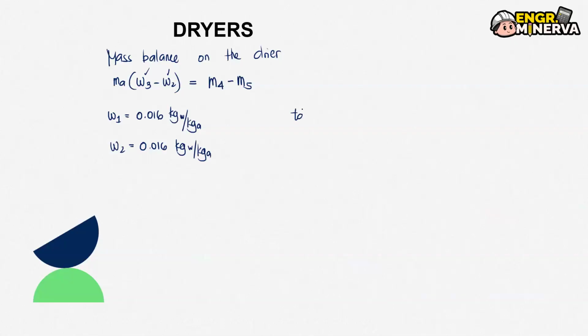Okay, so dry bulb at 3 is 40 degrees Celsius. How could we get the humidity ratio? For the humidity ratio at 3, we have the formula 0.622 PV over PT minus PV. How could we get PV? We get PV from relative humidity, that is PV over PSAT.